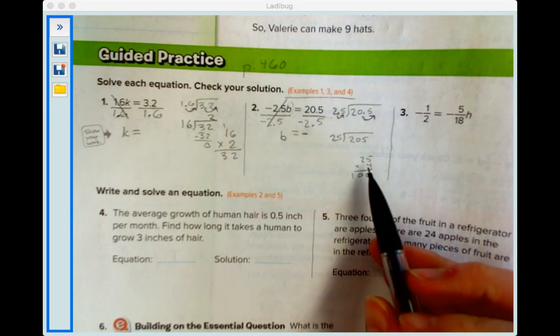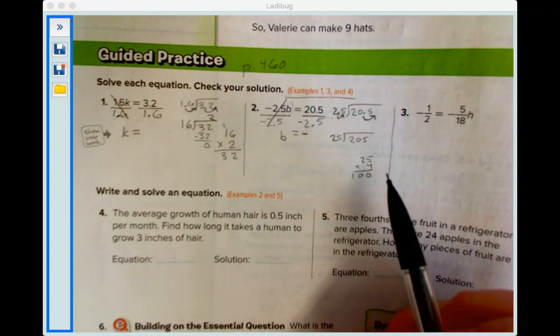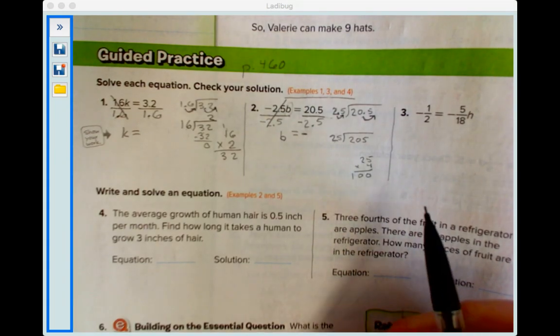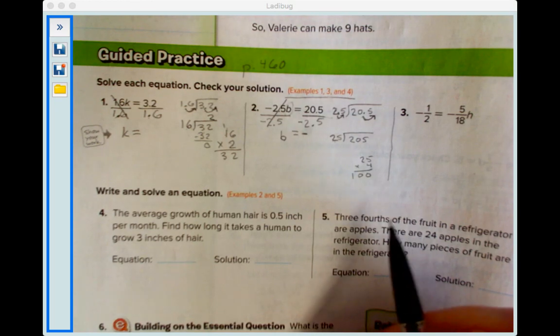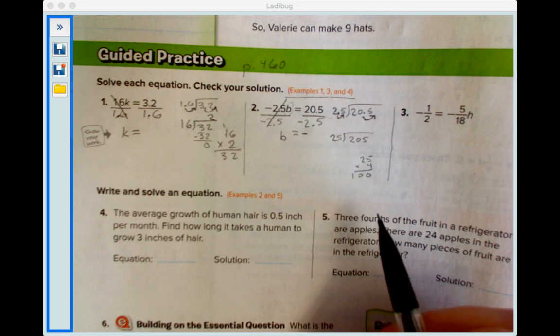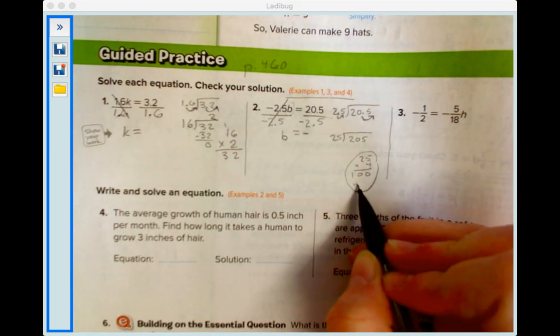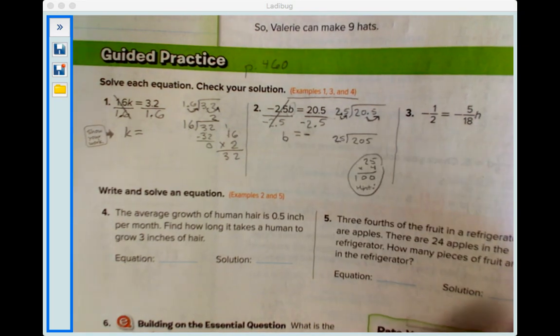So maybe if you have $2, how many quarters do you have? That is just a hint. I will leave you to solve the rest of problem 2.